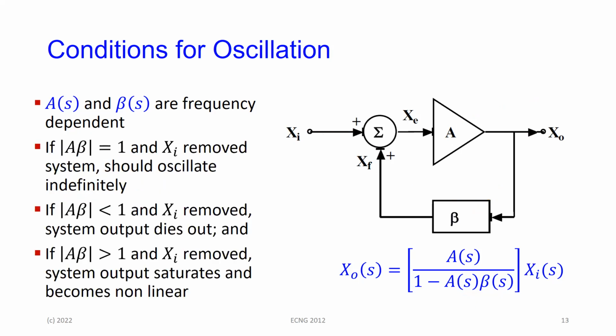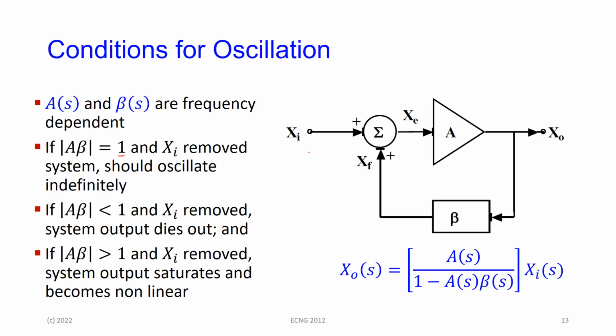So this is what we do, A and beta. If A beta is 1 and Xi is removed, the system should oscillate indefinitely. Of course, because we're dealing with electronics and there are losses in the wiring, in the changes in the power supply, components get warm and so on, A beta doesn't stay at 1 all the time.